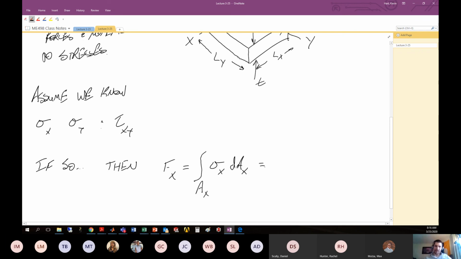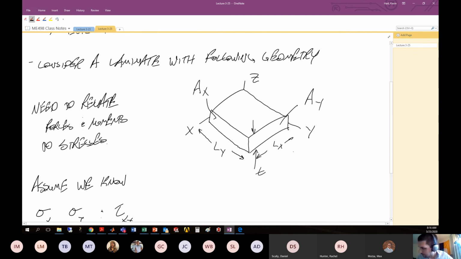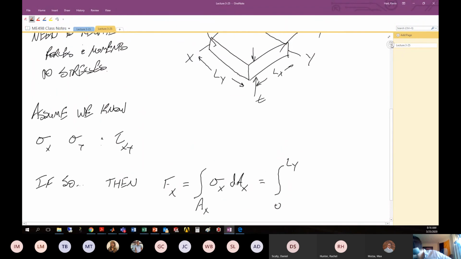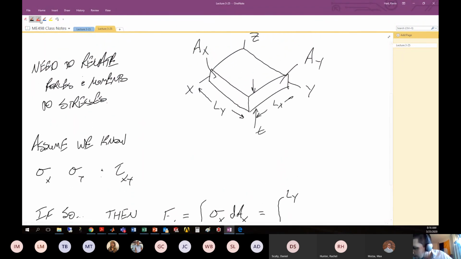Now we can expand this. This is an areal integral, so this is a double integral. We can write this as the integral from 0 to Ly. Remember that Ly here is the length of this particular piece in this direction.